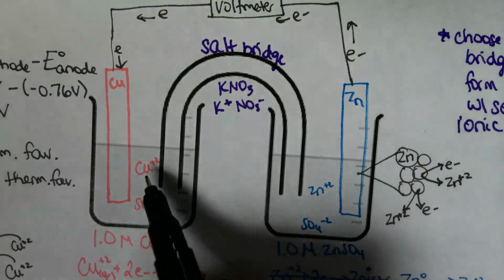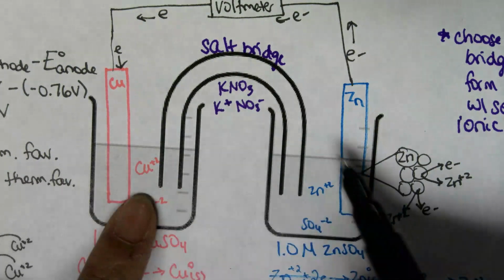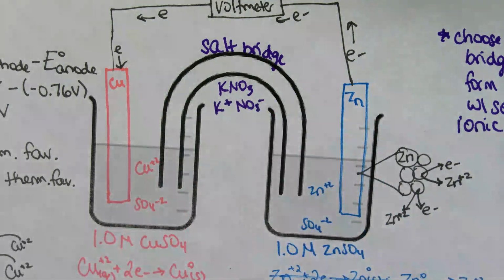One thing, oh yeah, so what ends up happening is that because this area tends to be more negative and this one tends to be more positive, our ions from the salt bridge are going to be attracted to one side of the cell versus another.